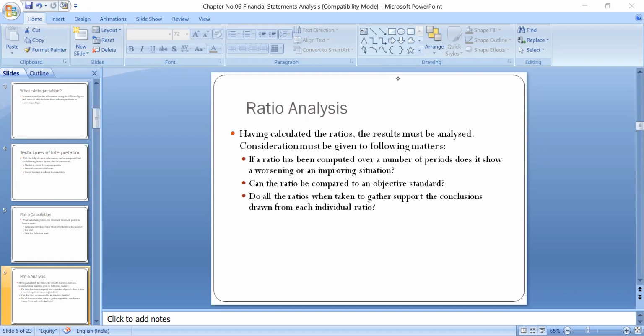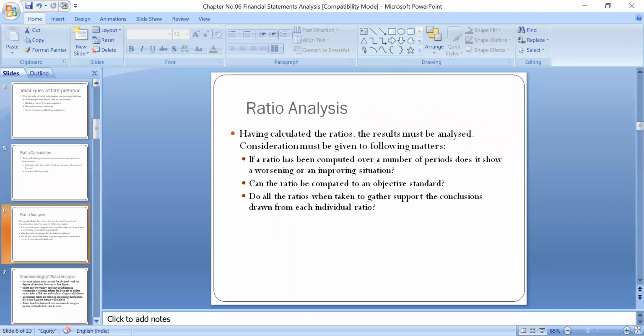On the basis of all individual ratios, we will arrive at a summary or conclusion whether the overall organization performance is going good or not. हम एक एक रेशियो को एनालाइज करेंगे। फिर उस एक एक रेशियो को एनालाइज करने के बाद हम देखेंगे कि क्या इन रेशियो की बेस के ऊपर ओवरऑल ऑर्गेनाइजेशन परफॉर्मेंस इज गोइंग गुड और नॉट। On the basis of each ratio's analysis, we will try to conclude whether overall organization performance is going good or not.